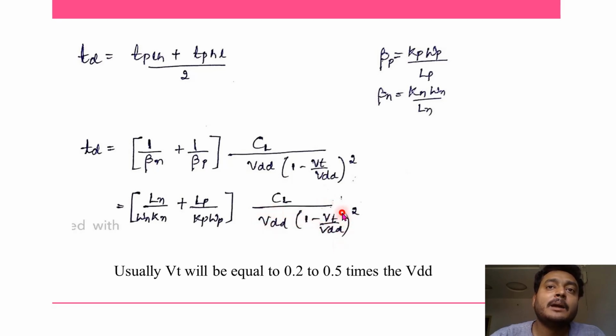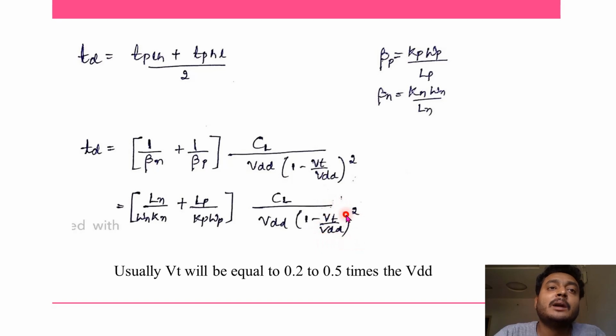If you decrease the VDD, and VDD becomes close to VT, say VT is 1 volt and you keep VDD as 1.1 volt, then this ratio becomes a very low value. One minus that lower value becomes still smaller, and the square of that becomes smaller still, which means the delay will increase even more.